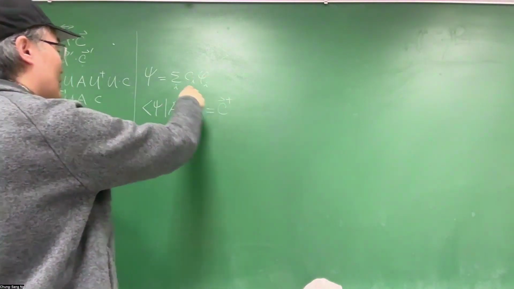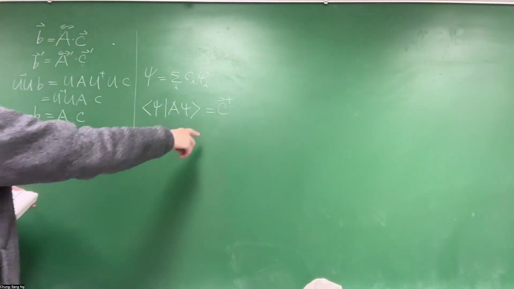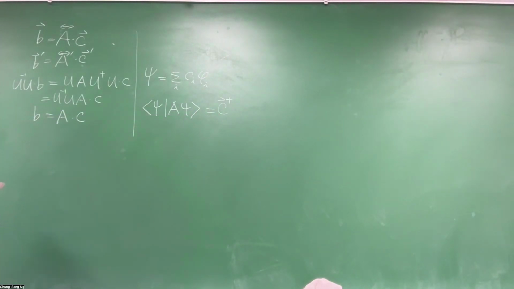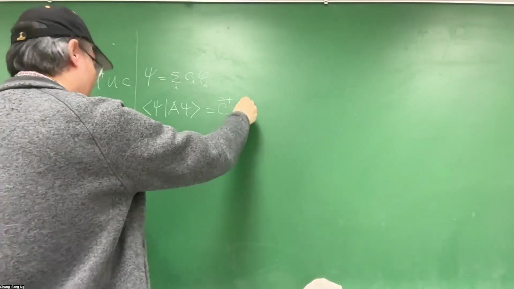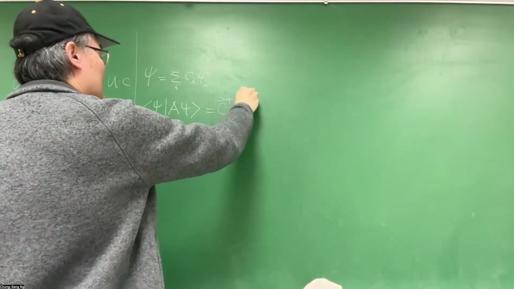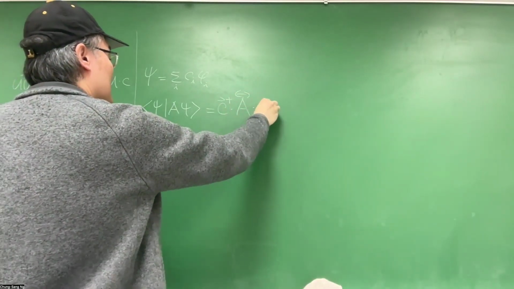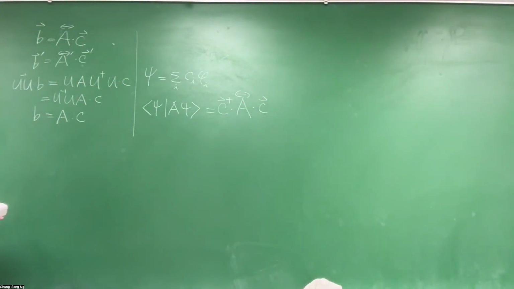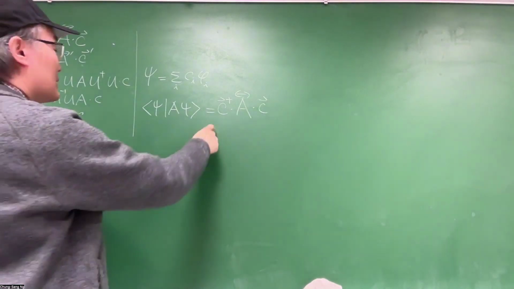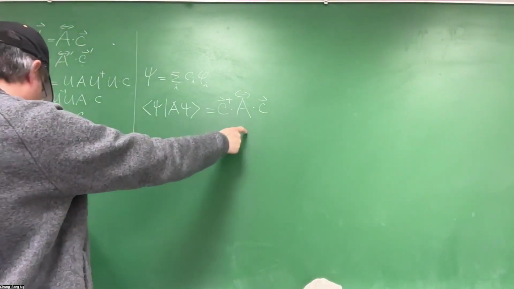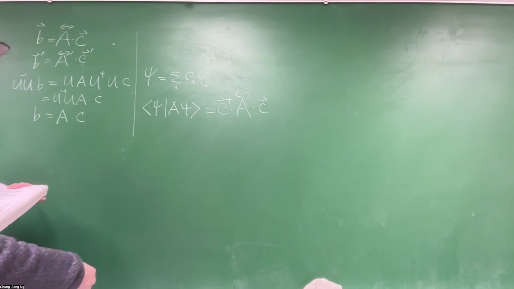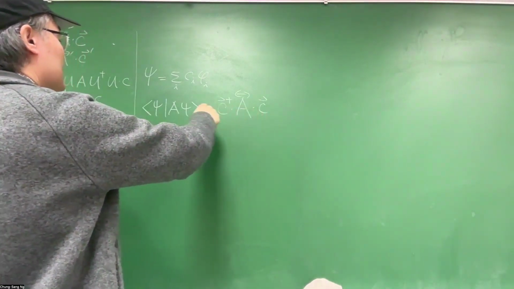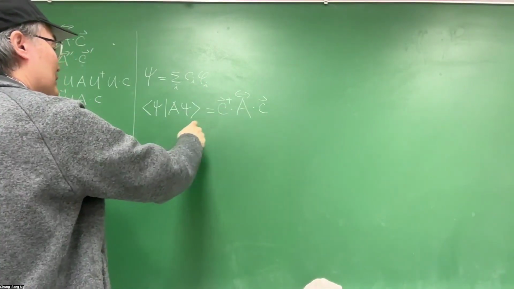So this C originally is a column vector. This becomes a row vector, and then dot into the matrix A, and then dot into C. So that is the expectation value in terms of this basis.